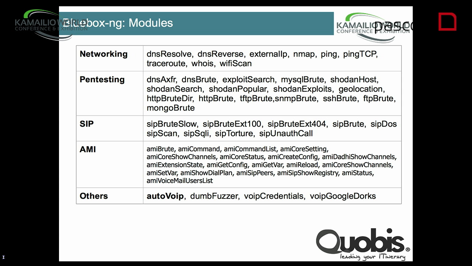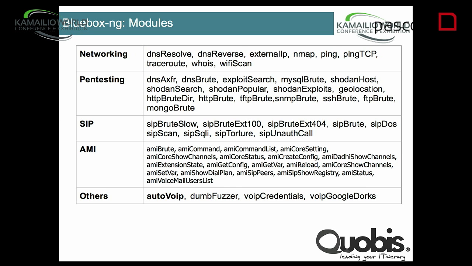We're working on that. Okay, the modules we have at this moment, we divide into 5 categories. The first, we have some typical networking tools like ping, traceroute, whois, and also an nmap wrapper, so we can do general network scanning.